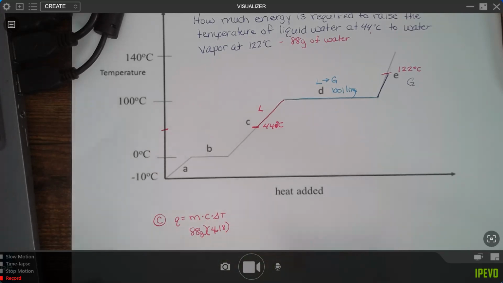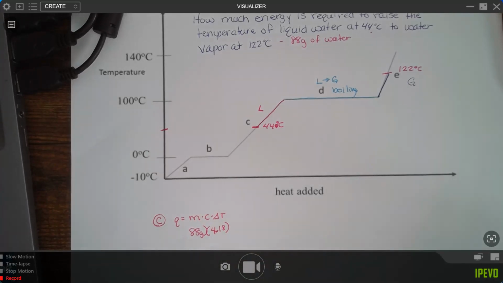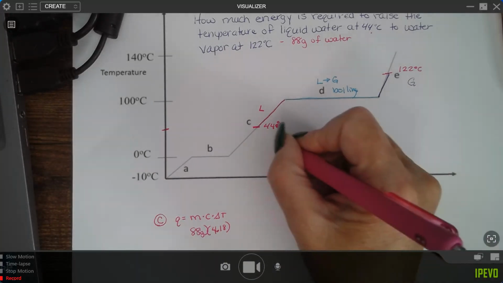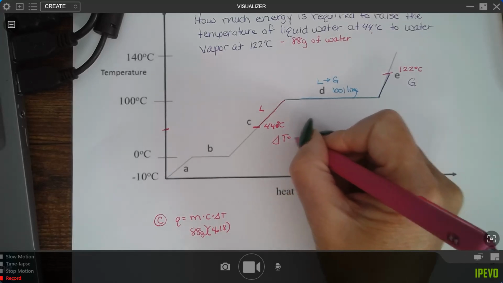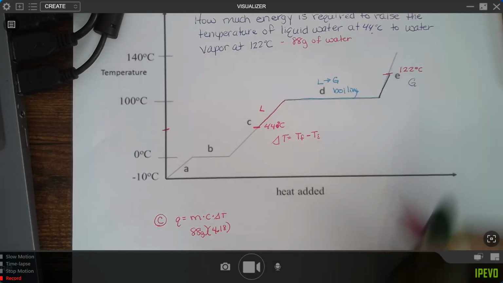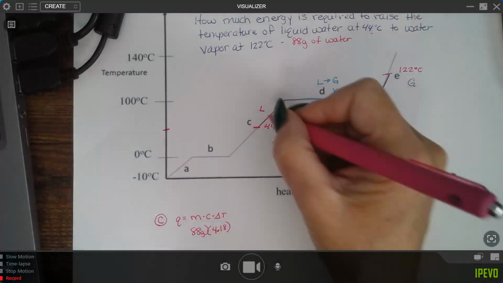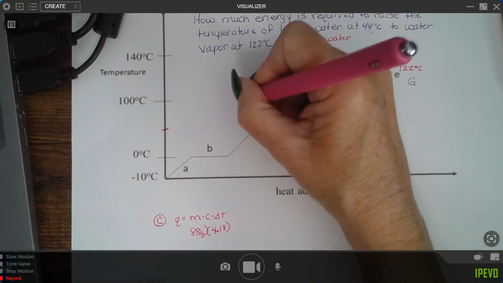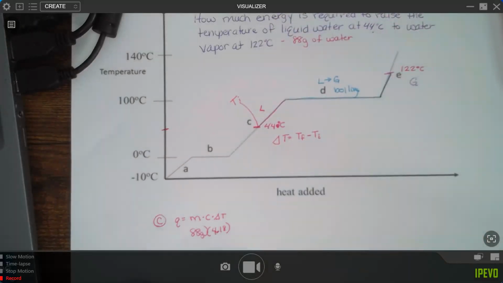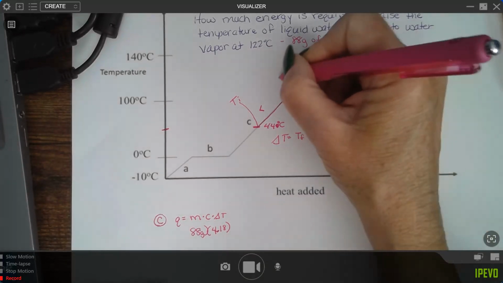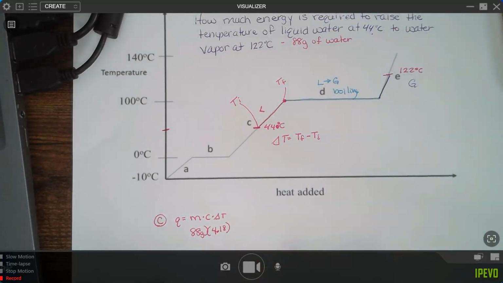Then delta T, this is where people get mixed up sometimes. Remember that delta T is equal to T final minus T initial, and it's just for this segment. For this segment, we start at 44 degrees, that's our T initial. We end up at 100 degrees.